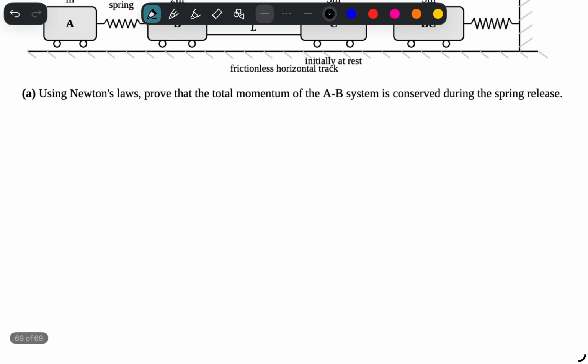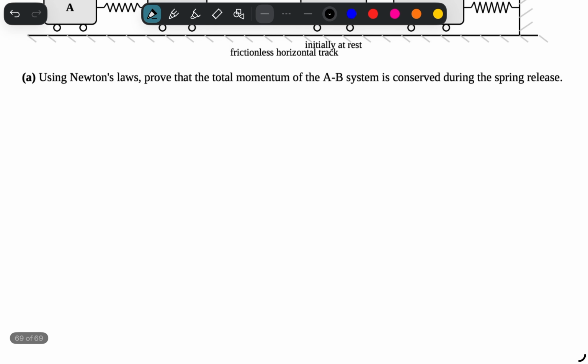Using Newton's laws, prove the total momentum of the A and B system is conserved during the spring release. So, in general, we know that our total momentum is equal to the summation of our masses times our velocities.